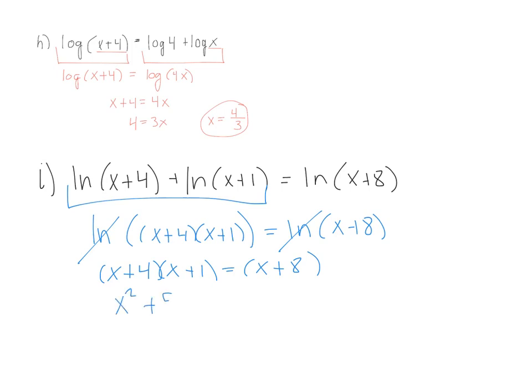So that's x squared plus 5x plus 4 equals x plus 8. We're going to subtract over. So we have x squared plus 4x minus 4. Oh boy, that does not look good. If that were a plus 4, we would be very happy, but it's not.